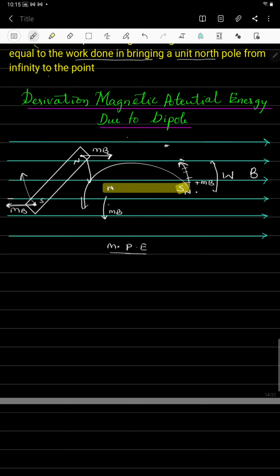It means in the beginning, this is the north pole and this is the south pole. So I am moving the magnet from north pole to south pole. We observe what energy is stored in that magnet, and we calculate that energy with the help of this procedure. Now we'll derive the magnetic potential energy due to the dipole.